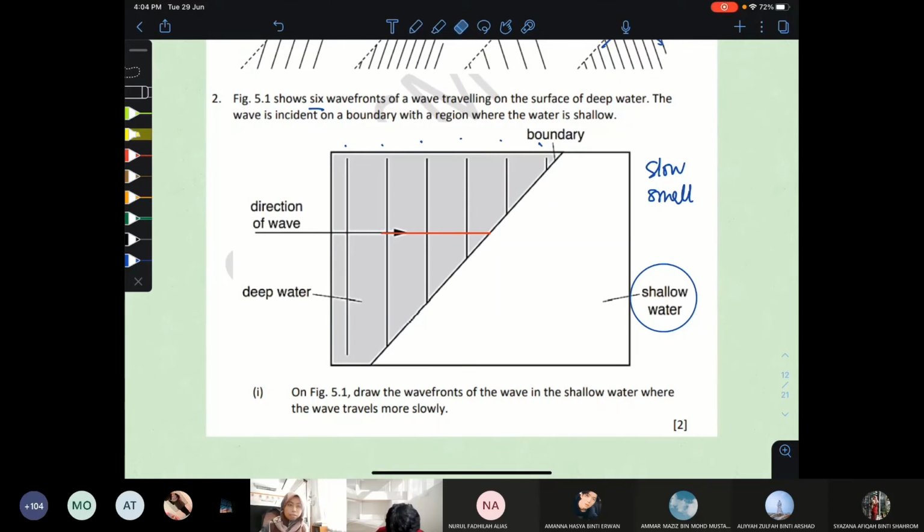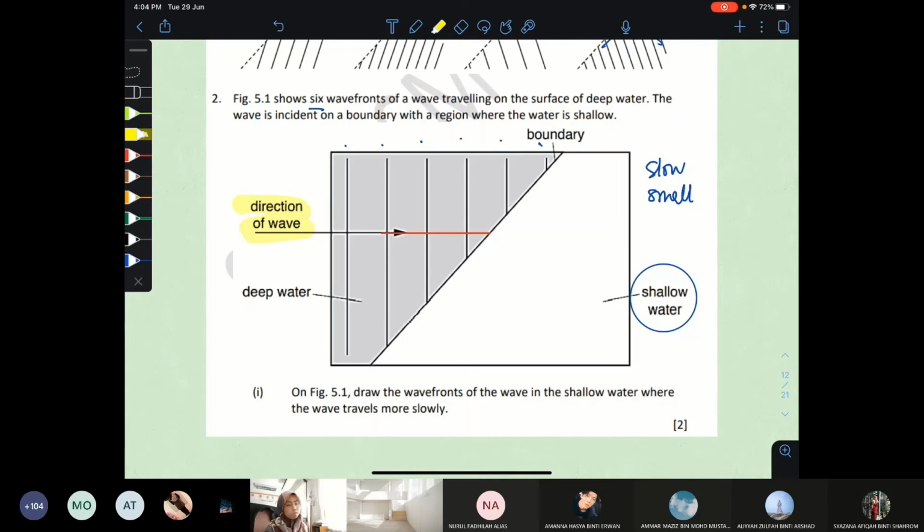Don't worry. Saya ambil pembaris. Katalah saya ambil pembaris kan. I place my pembaris. Ni contoh lah. This is my pembaris. Okay, saya letak pembaris saya tu atas bawah sampailah pembaris tu parallel to the line of direction ni.